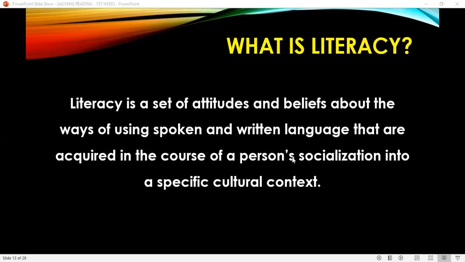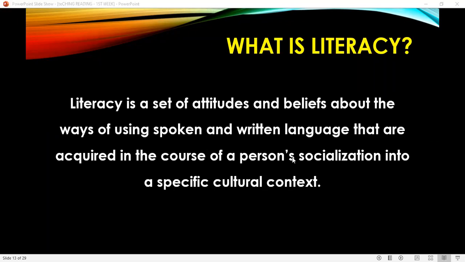Because we have different structures, different ways of using the written and spoken language. And vice versa. If you are maybe not a good reader of the first language, you can be, I'm not assuring that, you can be a good reader in the second language. Maybe, no?